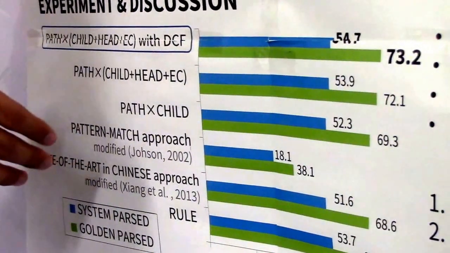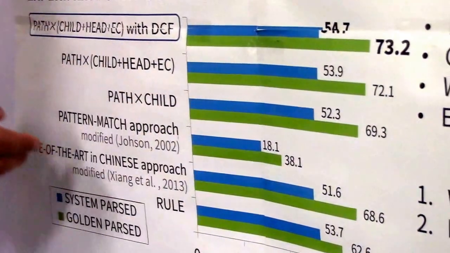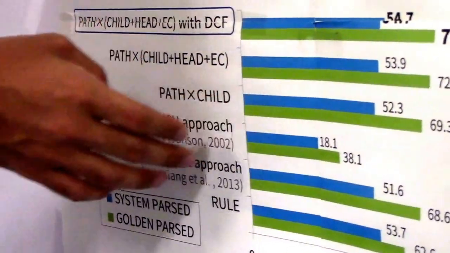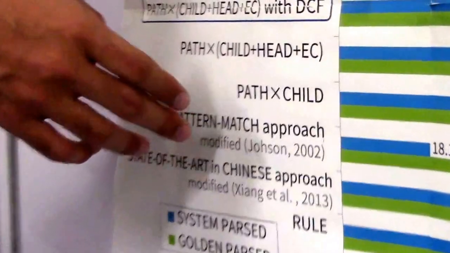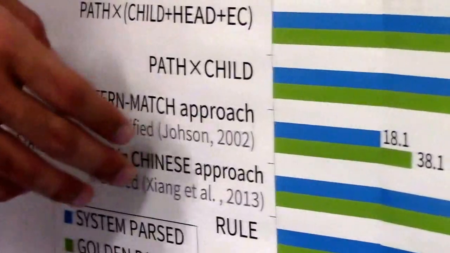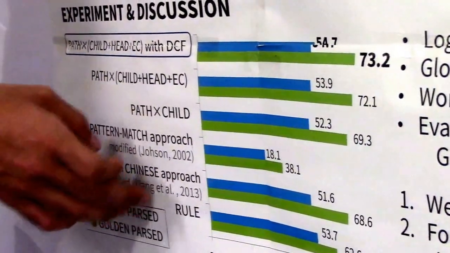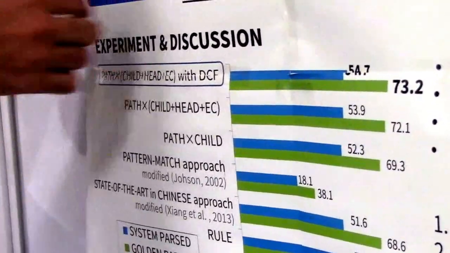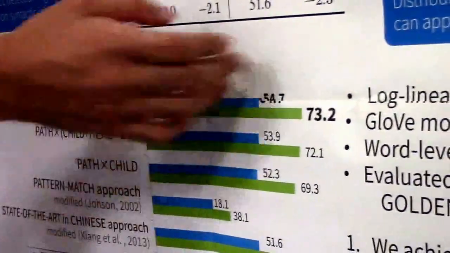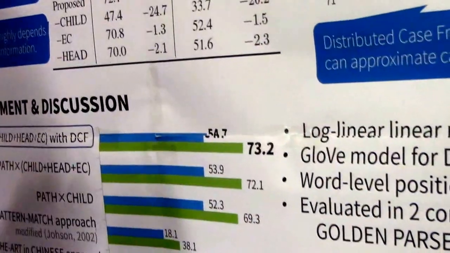We compared with three baselines: a pattern match approach described in Johnson 2002, in Chinese the state of the art method Shan et al. 2013, and a rule-based method. As the result shows, our proposed method outperforms the baselines. So we achieve high accuracy for the golden path.